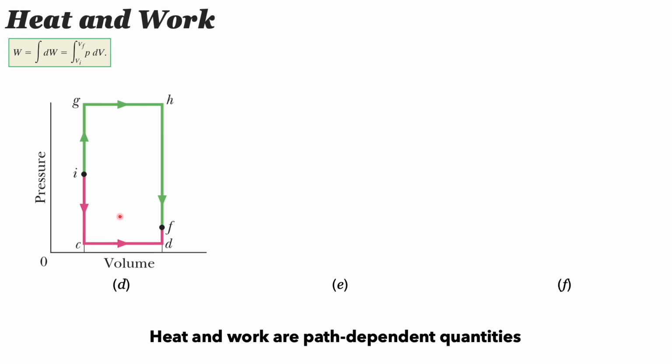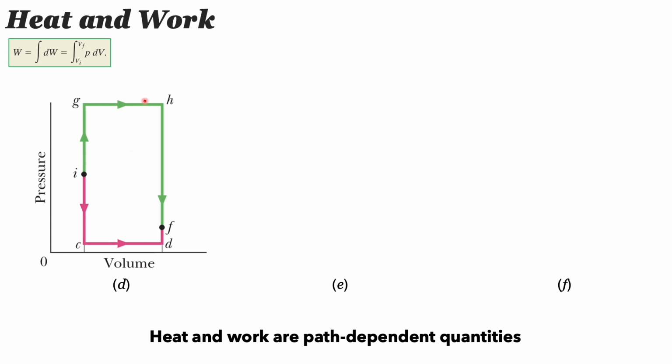Now if you want to calculate the work done for both, because it is the area under the curve, if you look at the area under the green curve, it is a lot more than the area under the red curve. The area under the red curve is only this small portion, but the area under the green curve is all of this one, right.